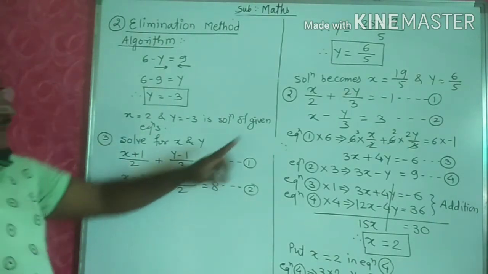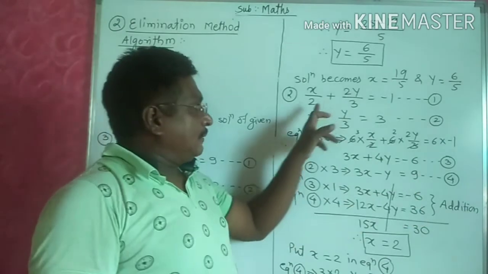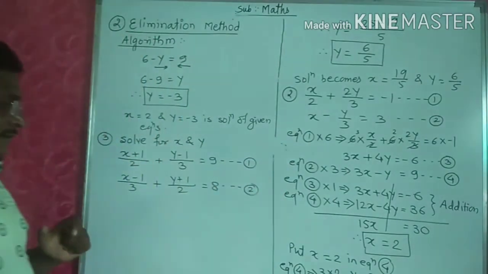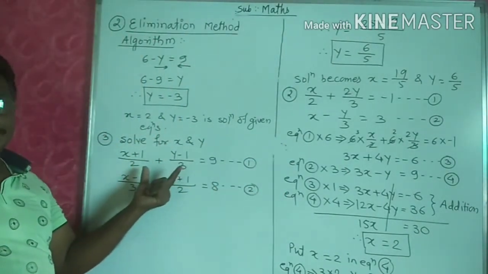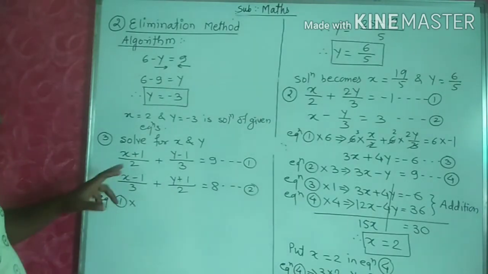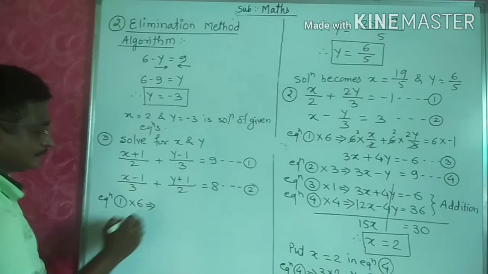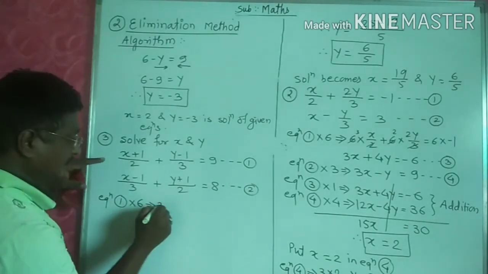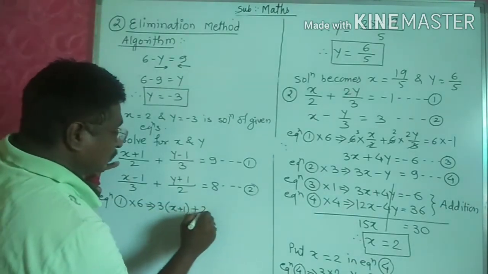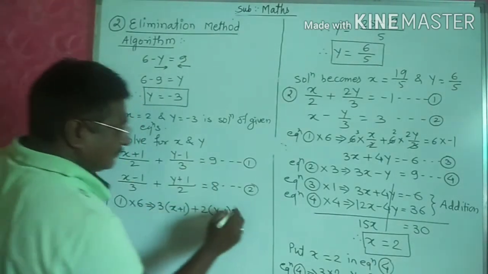Whenever it is given in fractions, what did we do? We made it a simple equation by multiplying the whole equation by the LCM of the denominators. Here also the same thing has to be done. Equation 1 multiply, what is the LCM of these denominators? 6. So multiply by 6. So what will we get? 3 into (x plus 1) plus 2 into (y minus 1) equals 9 times 6, which is 54.